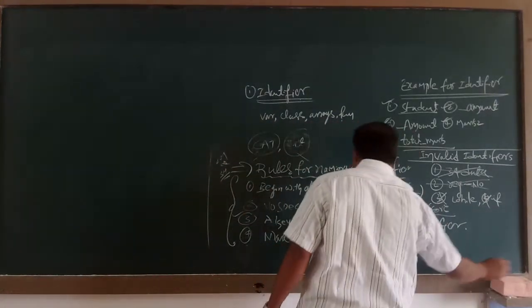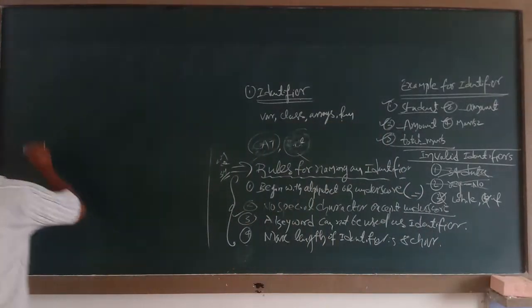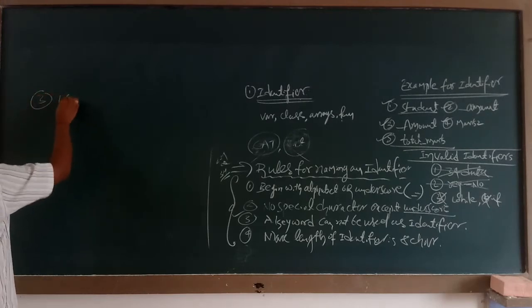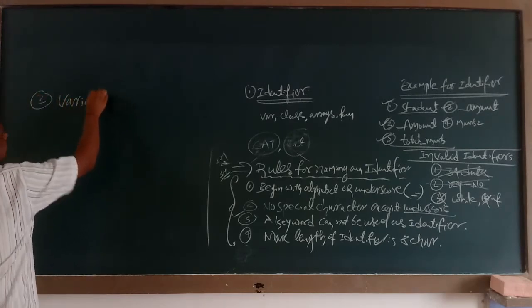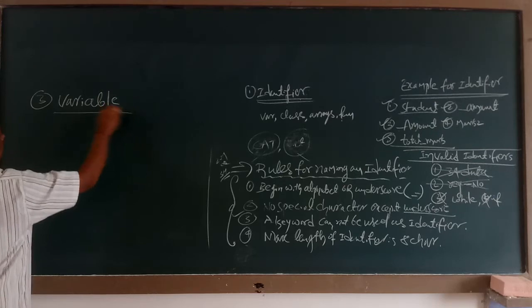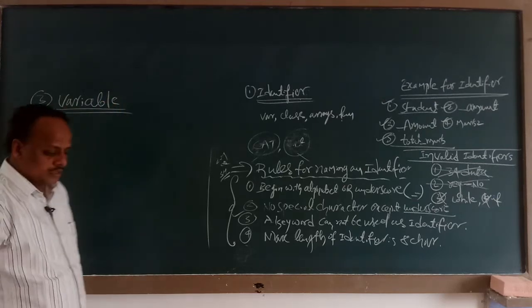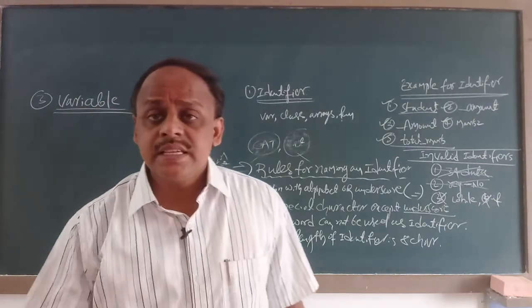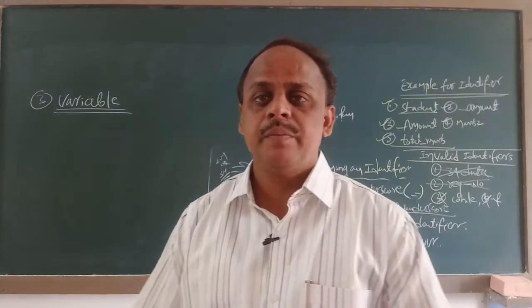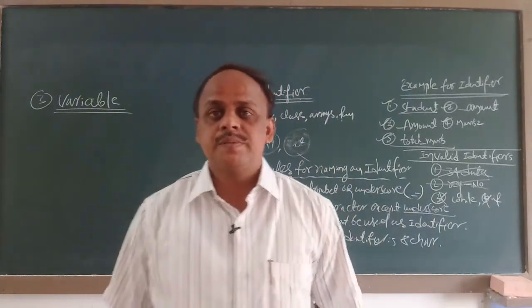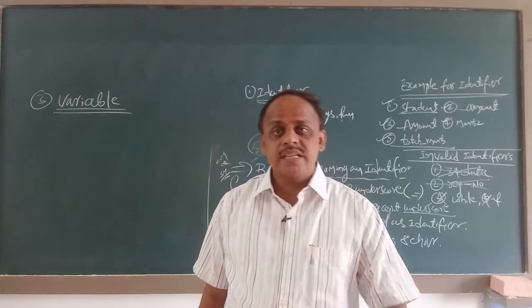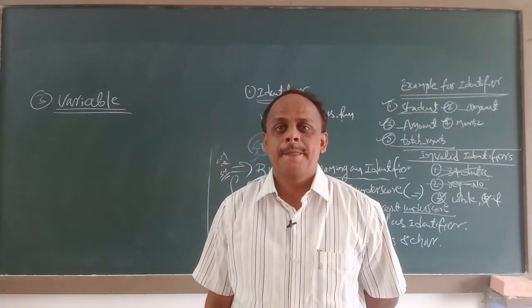The third token of C++, variable, is very, very important. Let us see what is meant by a variable. Of course, it is one of the C++ tokens, right? Now, exactly what is meant by a variable?